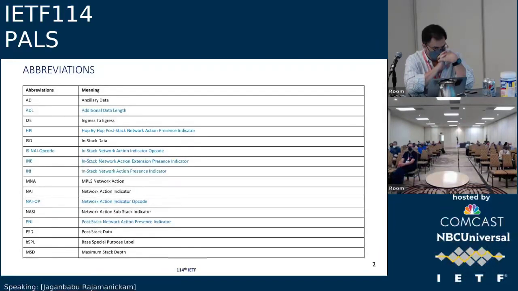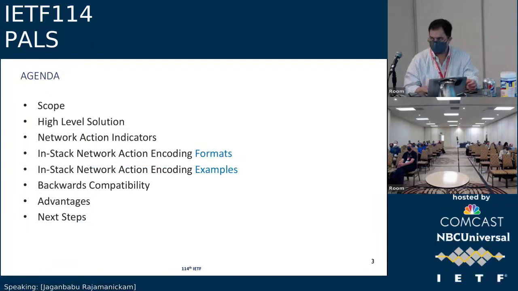Okay, so these are the abbreviations I'm using in the slides as well as in the draft. I just want to put it here so that you can have a quick reference. Next slide, please. As part of this presentation, this is my agenda. The first will be the scope of our draft, and then I'm going to discuss the high-level solution we took, and then the network action indicator.